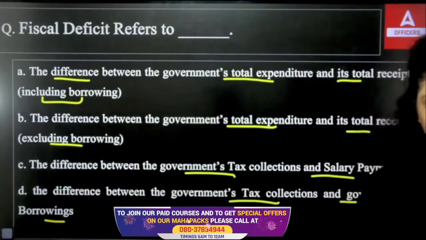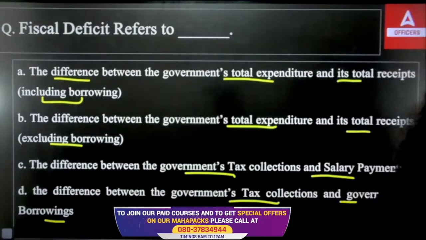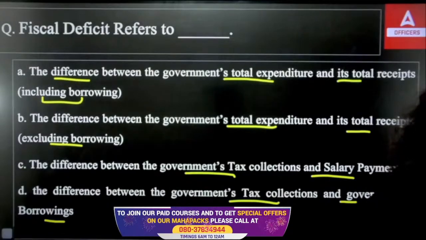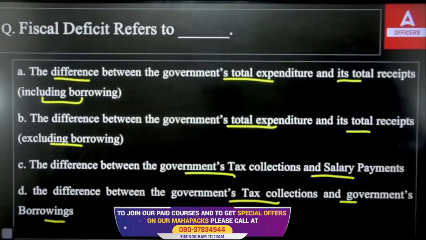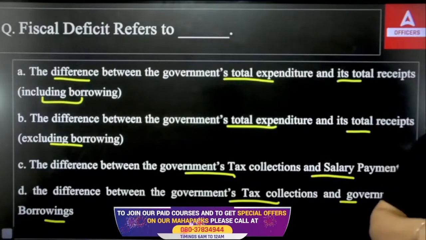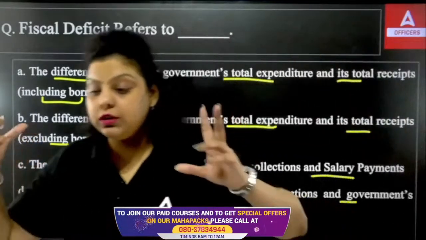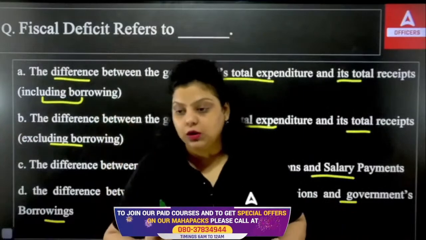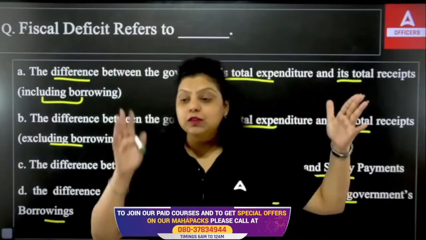Deficit means loss, and whenever the loss happens, the expenditure of the Government of India is more than the income. Fiscal deficit happens after the budgetary deficit is there. What is budgetary deficit? The overall budget of the Government of India is in loss, meaning the expenditure is more than the income.